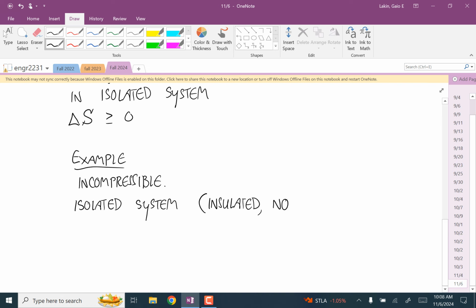There's no volume change. And so there's no work of expansion, and there's no electric power or rotating shafts going in or out. So there's no way to transfer energy across the boundary.